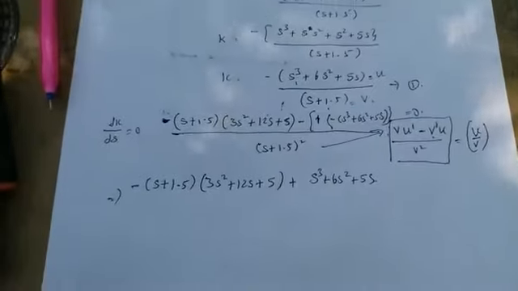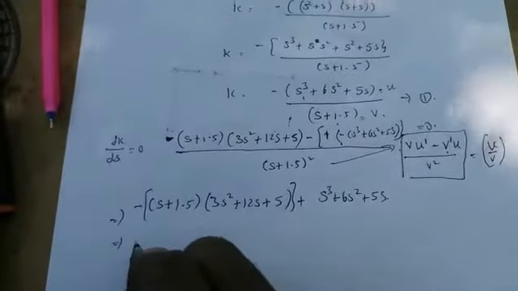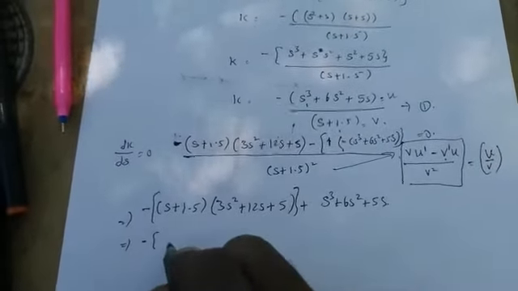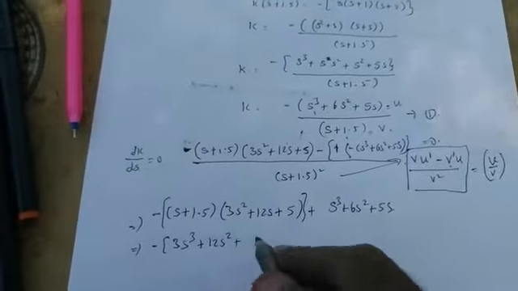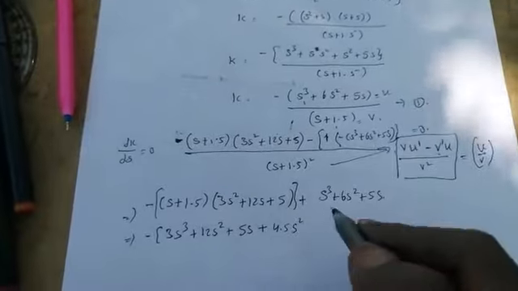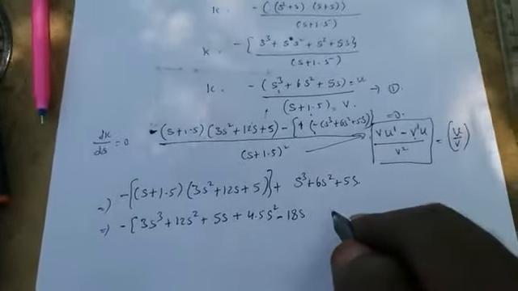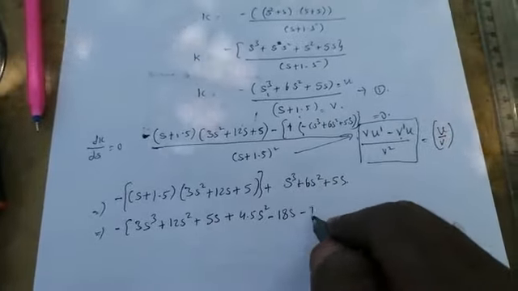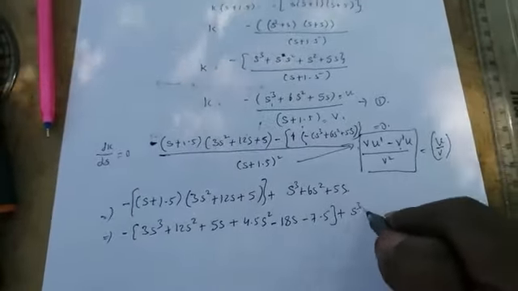If you expand this equation, minus of 3s cubed plus 12s square plus 5s plus 4.5 s square minus 18s minus 7.5, plus s cubed plus 6s square plus 5s equals to 0.